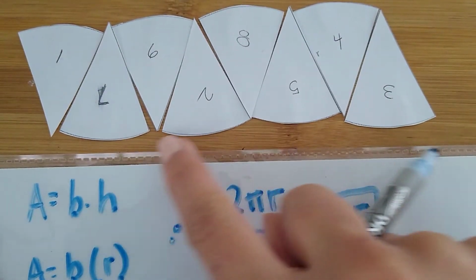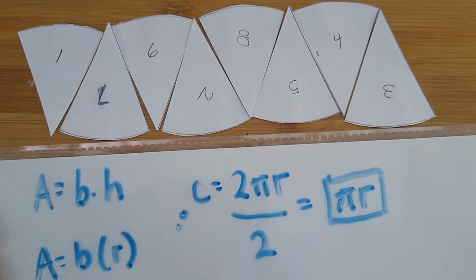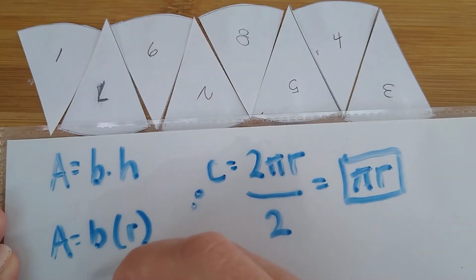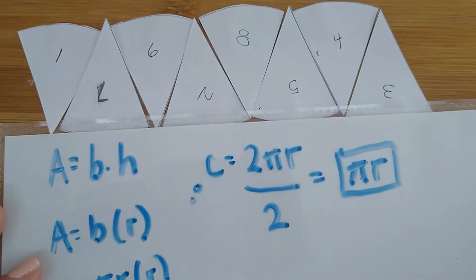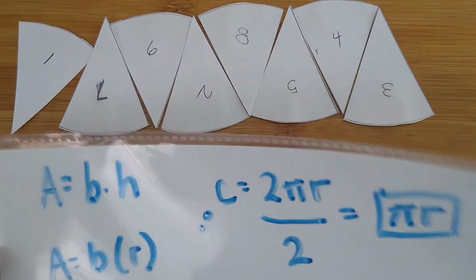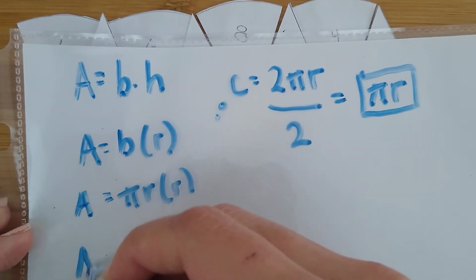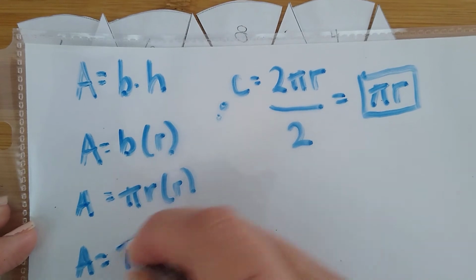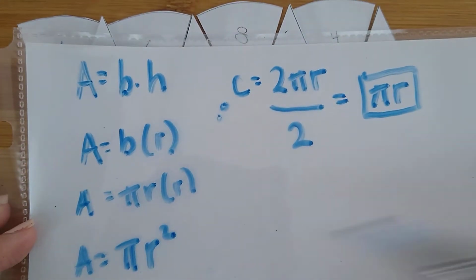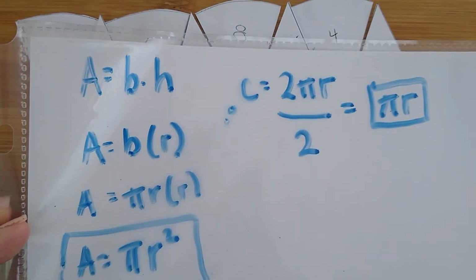So the base here is all just pi r. I'm going to substitute that in right over here for the base. So I have pi r times r, and when I multiply everything together, I get pi r squared. And that is the area of the circle.